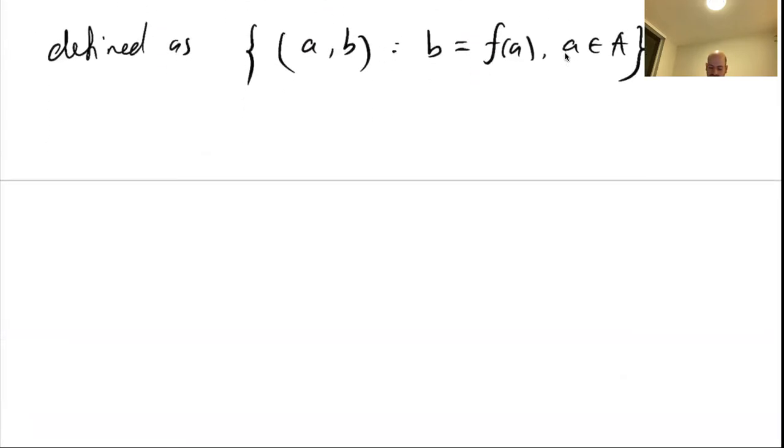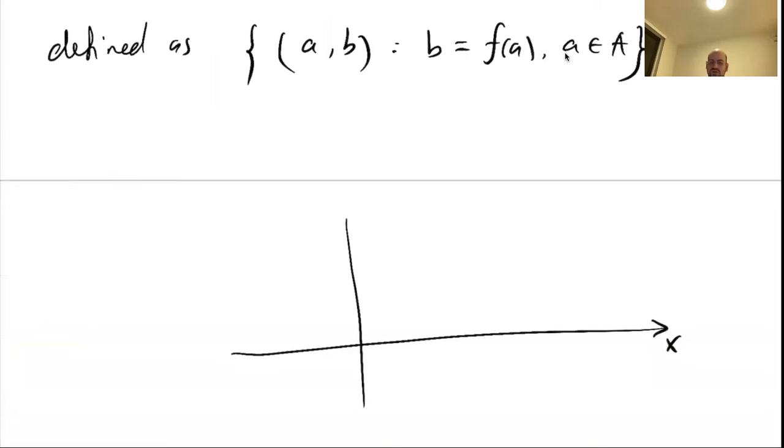Okay, so normally we sketch the graph of a function using x-axis and y-axis. So on the x-axis, we locate inputs, and the outputs on the y-axis. So let's say if you have a graph of f, let's say y equals f of x.